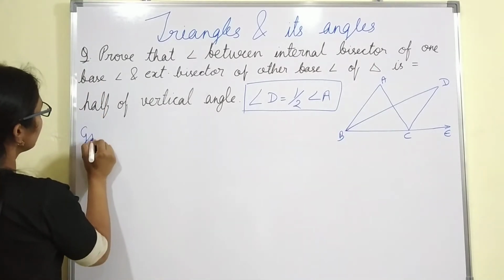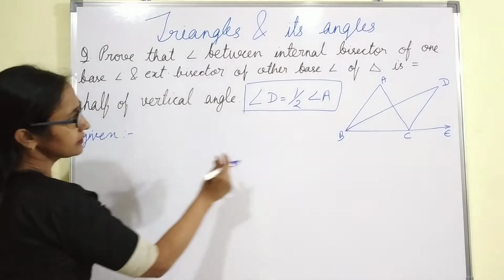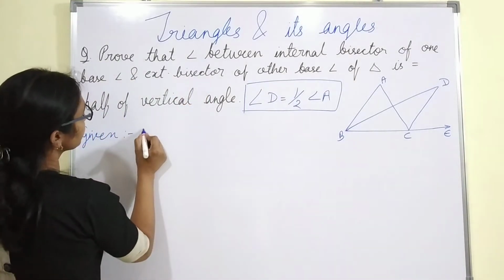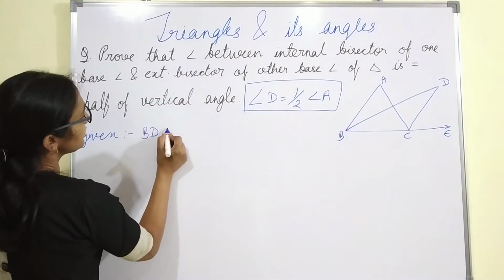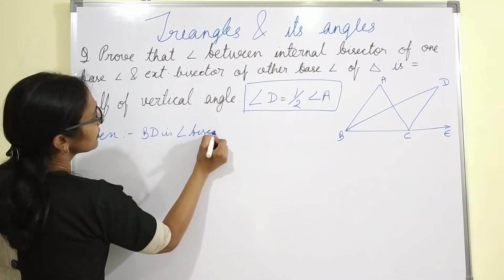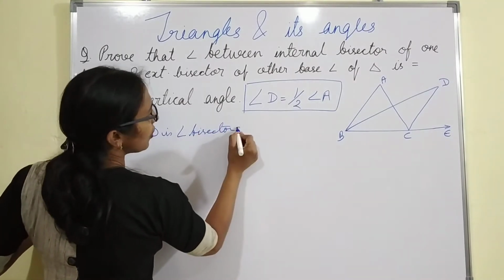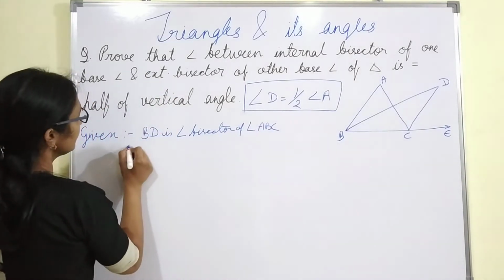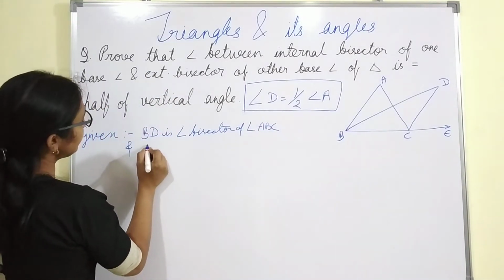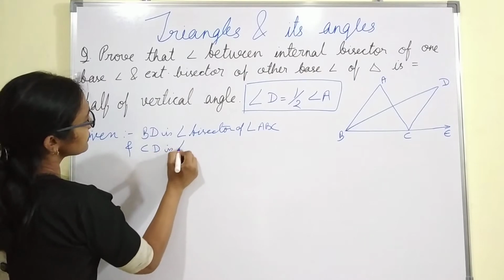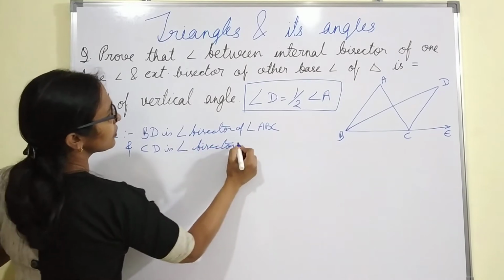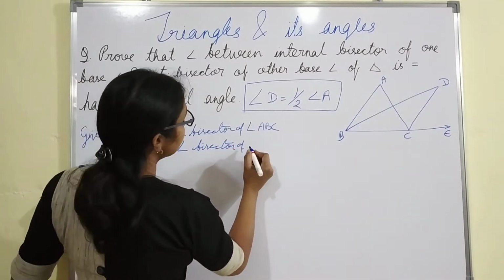So, given: BD is the angle bisector of angle ABC, and CD is the angle bisector of angle ACE.